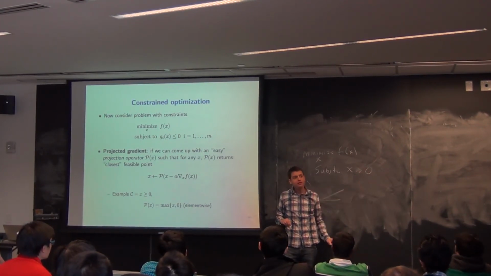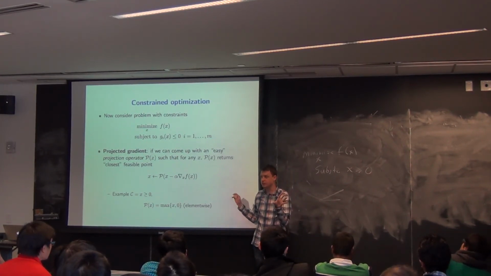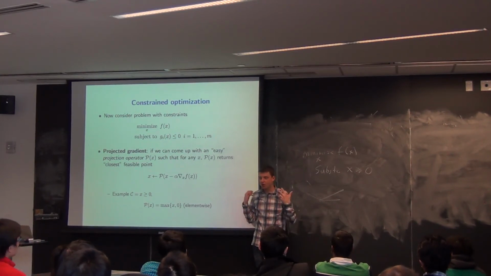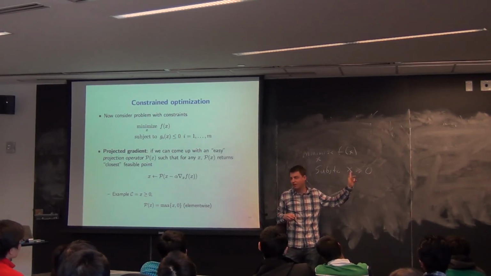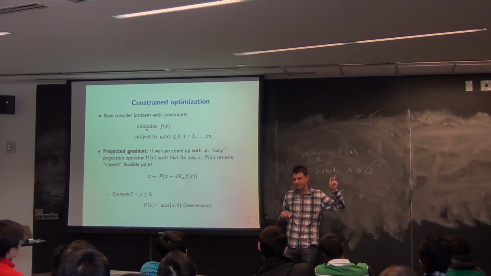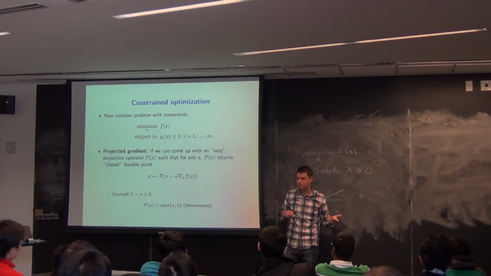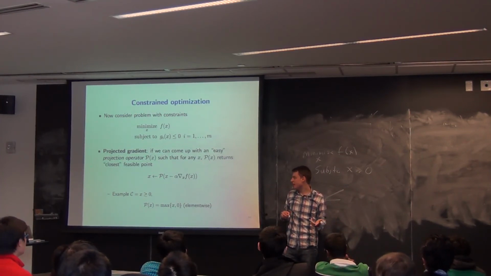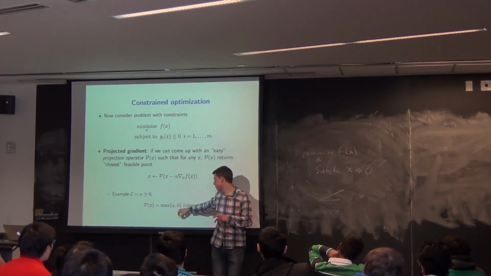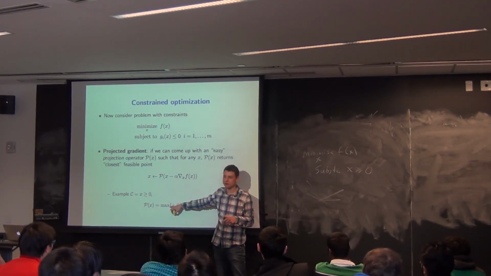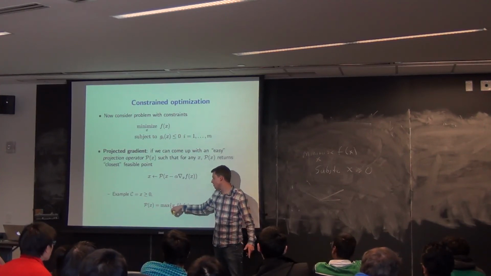So given any point in R^n, so some entries can be negative, I can find, in some sense, the closest point that lies within that set. Closest measured here by, in this case, any distance you could define would give the same closest point. That point is you take all the negative entries and just set them equal to 0. So every entry of the projection operator is equal to the max of x and 0.